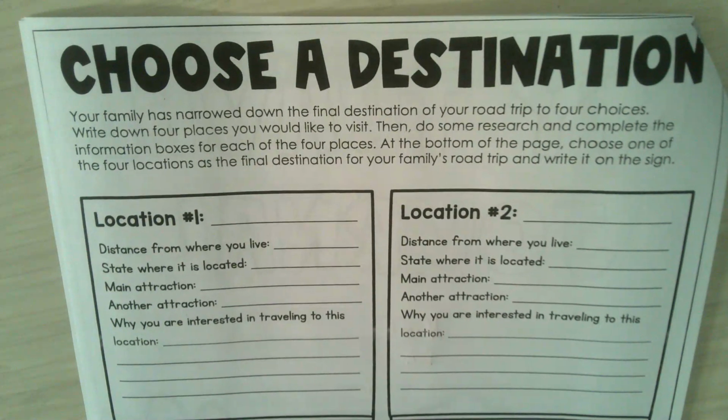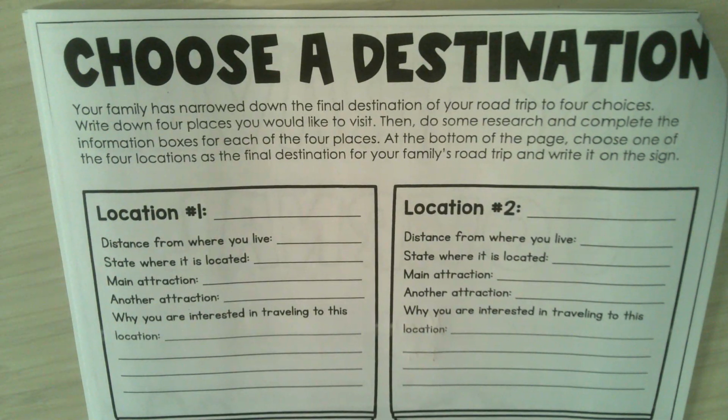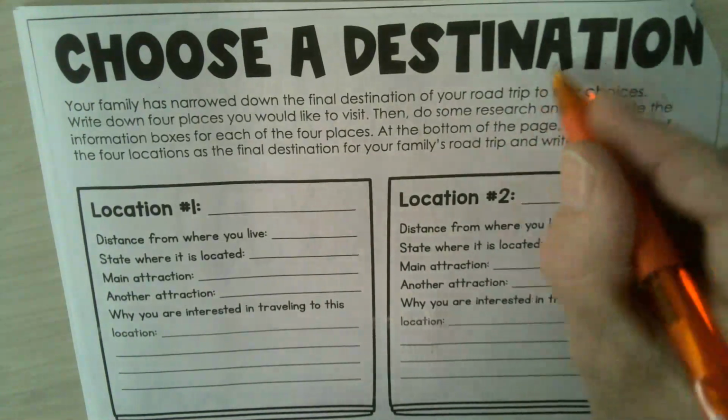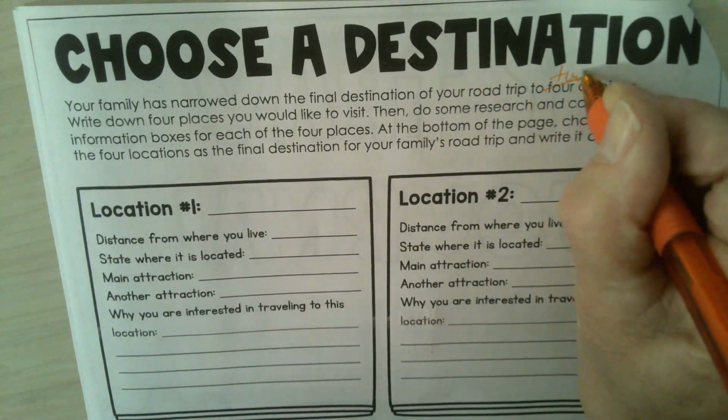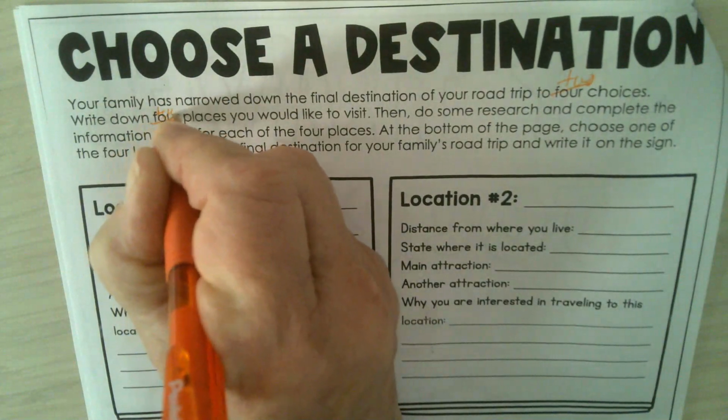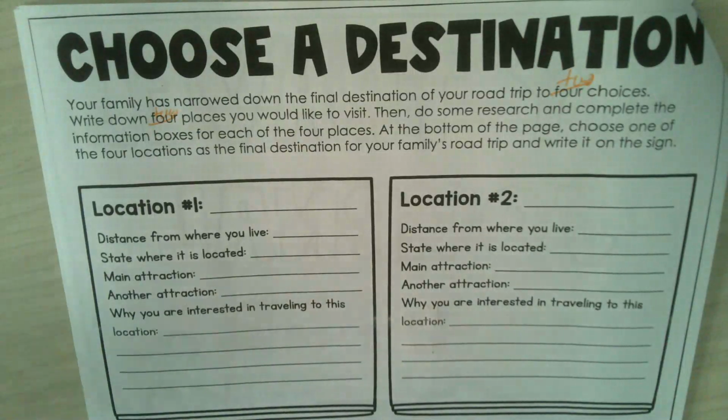So today, the first thing we're going to do is choose a destination. It says your family has narrowed down the final destination of your road trip to 4 choices. We're going to change it to 2. Write down 2 places you would like to visit.